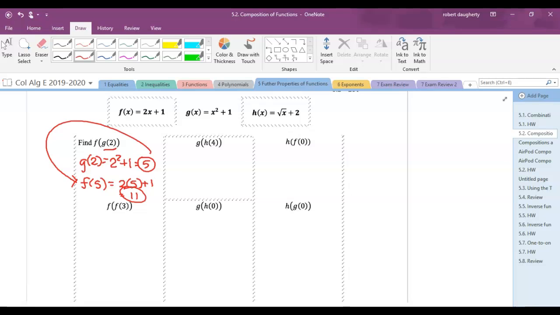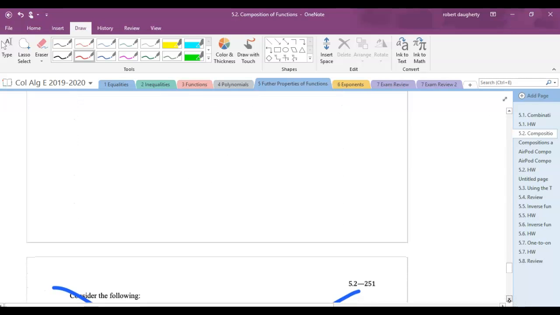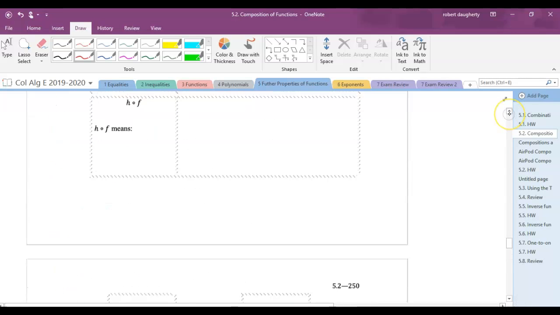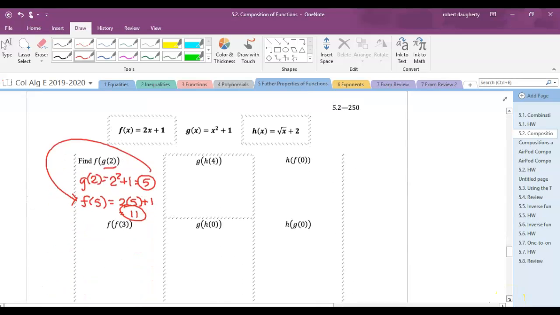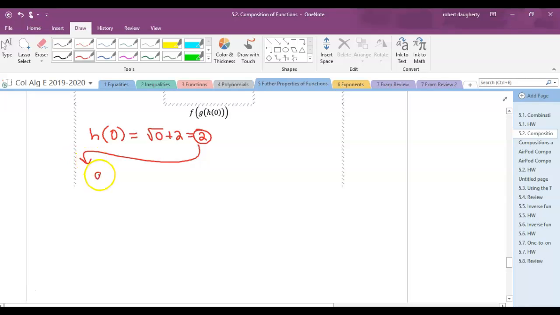Okay? So you've got time. Let me go to this next one. We'll do that bottom one in a minute, just so it's not overwhelming. What do we need to do here? F of G of H of 0. Find H of 0. So what is H? It's the square root of 0 plus 2. What is that number here? That's 2. That number needs to get plugged into which function? G. G of 2 is what?